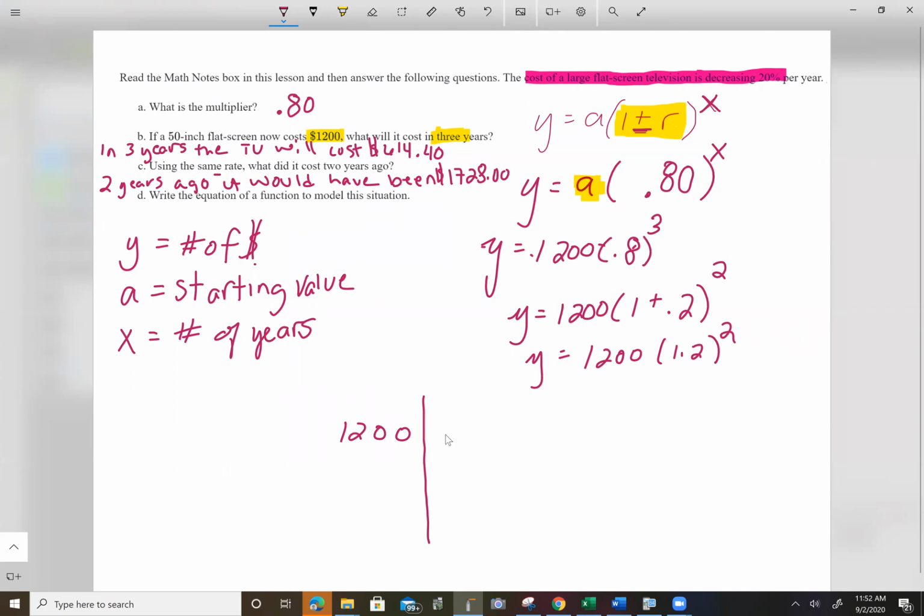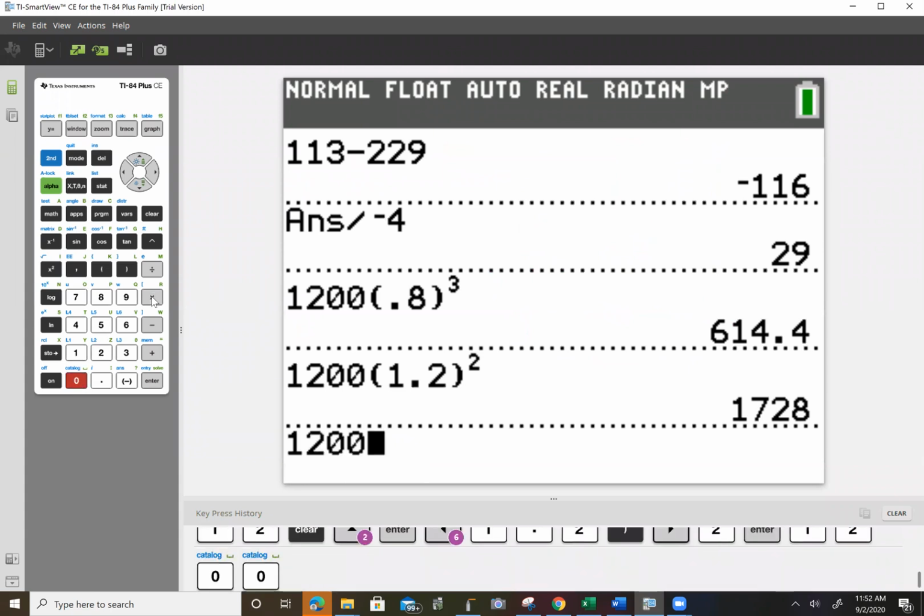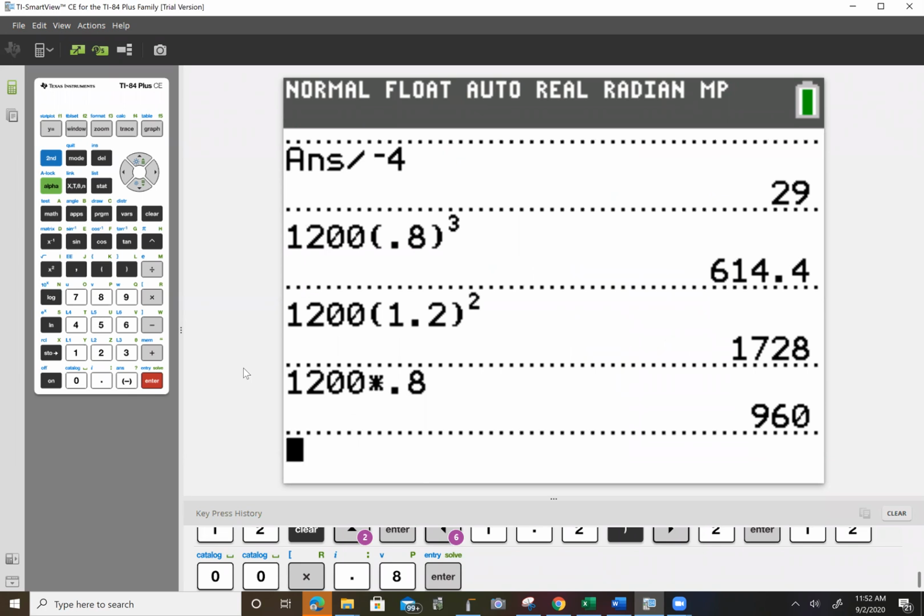And if we multiply that by 0.8, that would give us next year, right? So next year is going to be 1,200 times 0.8, $960.